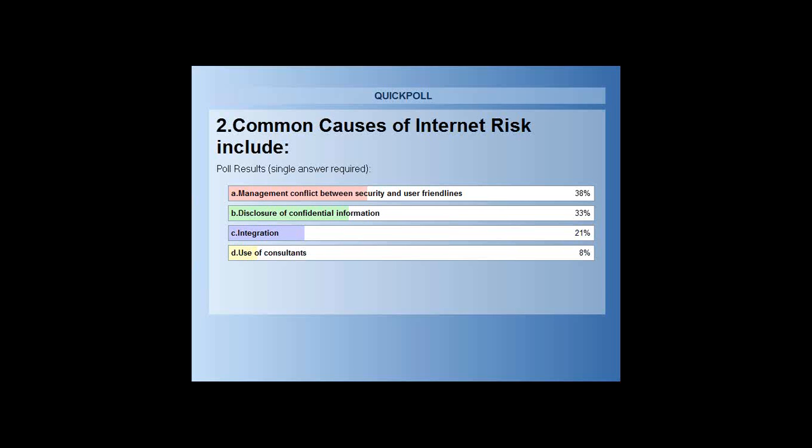The cause of that risk is what we're looking for. Or it is a risk. The cause could well be management conflict between security and user friendliness. Other risk areas, other potential risk areas we can look on.